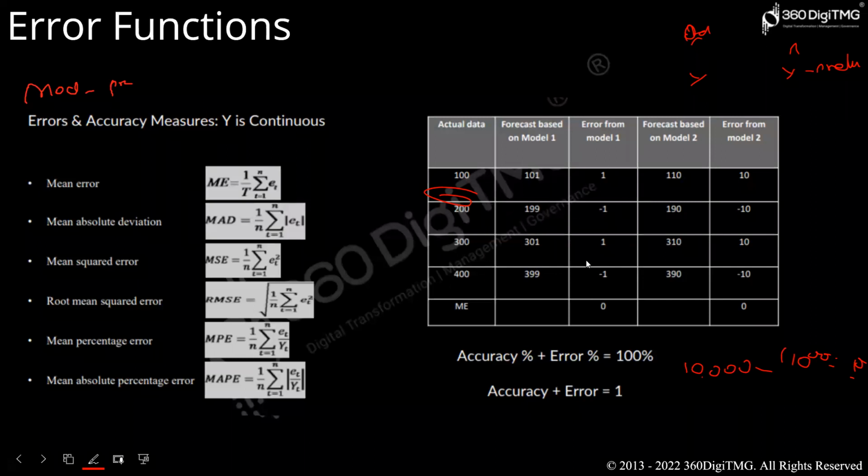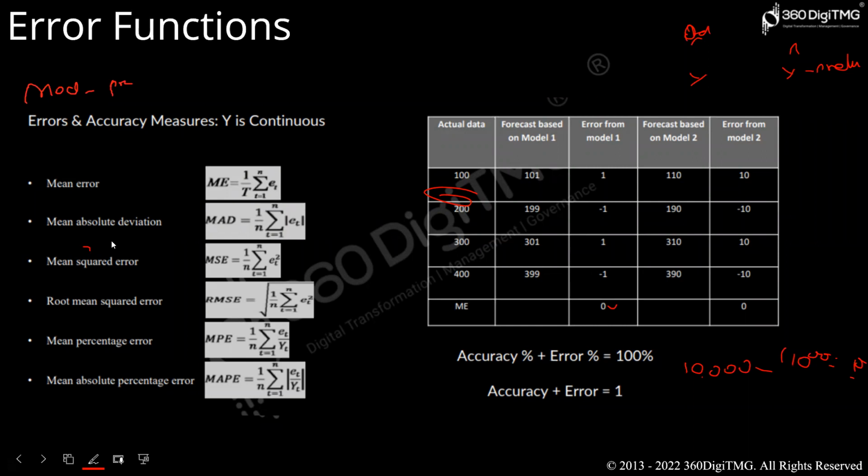When you add all the errors, they cancel out. That's why we take the square of them, meaning squared error, because if we take the plain sum there is a chance of getting 0. So the best one is root mean squared error. We also have mean percentage error, but we don't look into that.